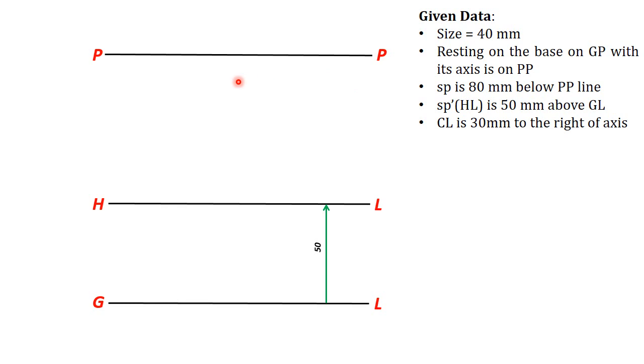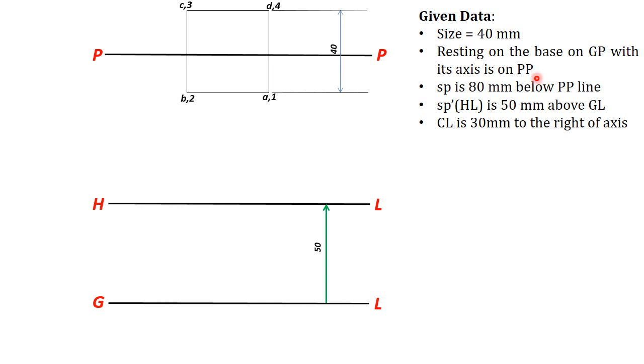Now in this problem you can draw either the front view of the cube or the top view of the cube. Let's start with the cube top view. It is given that the axis of the cube is lying on the PP.